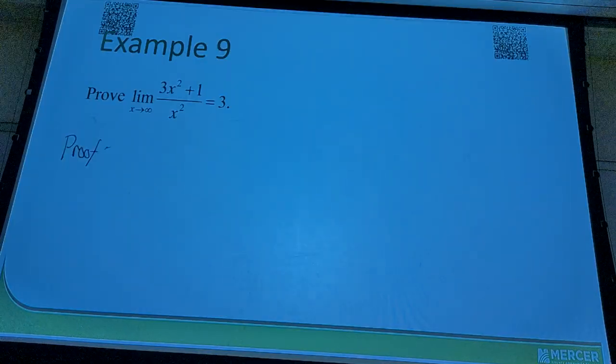Oh no, I see squares. Maybe this won't be so bad. No, not delta.